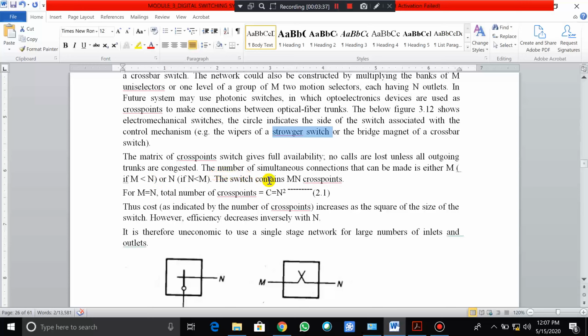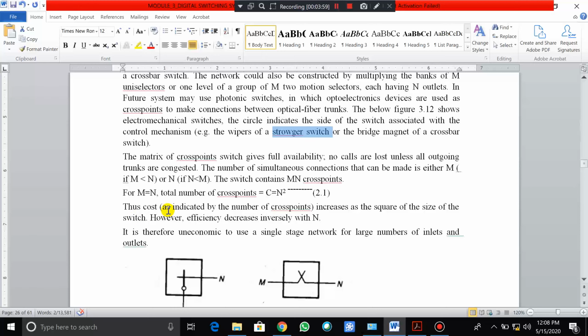The number of simultaneous connections that can be made is either M if M is less than N, or N if N is less than M, and the switch contains M times N crosspoints. For M equal to N, the total number of crosspoints is C equal to N square.